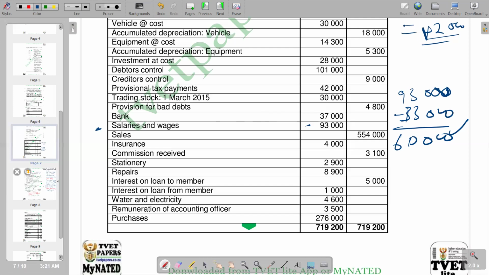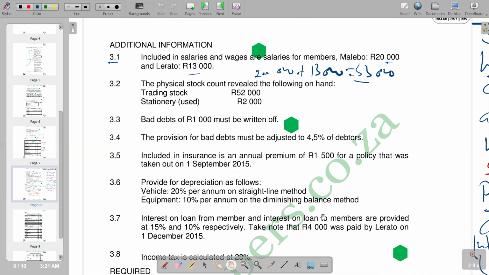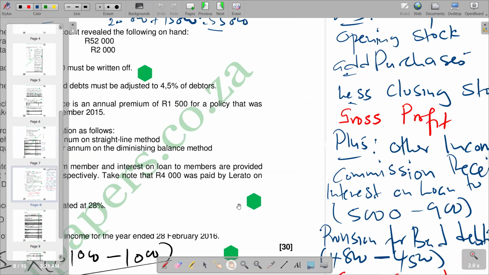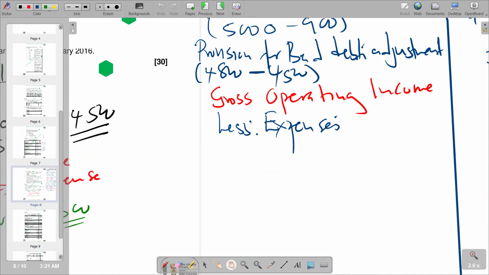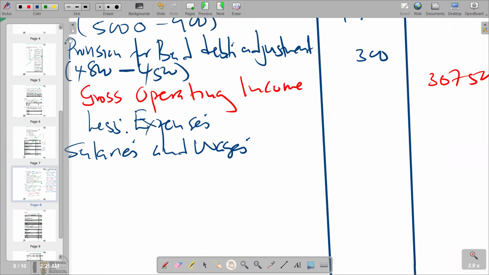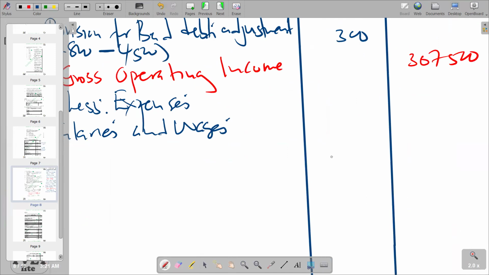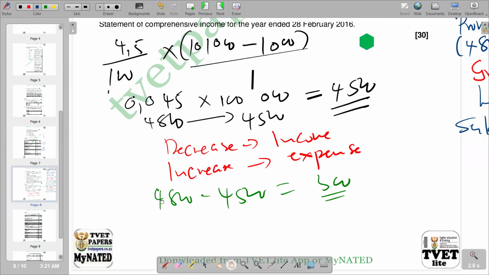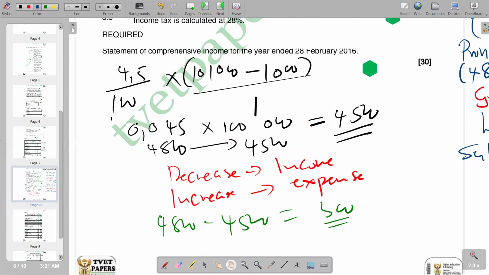So we come in, we are saying salaries and wages, and the figure that we have is 60,000. Then we disclose the other separately, the ones for members that are being highlighted there.